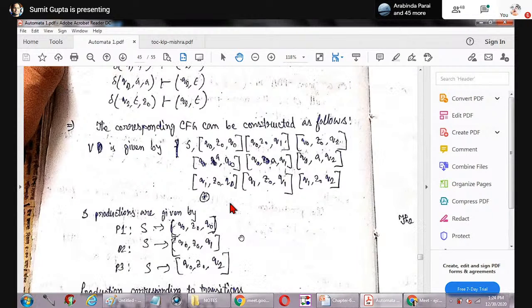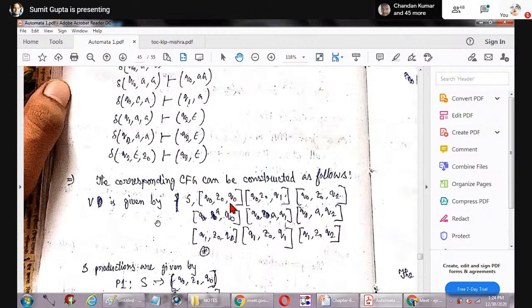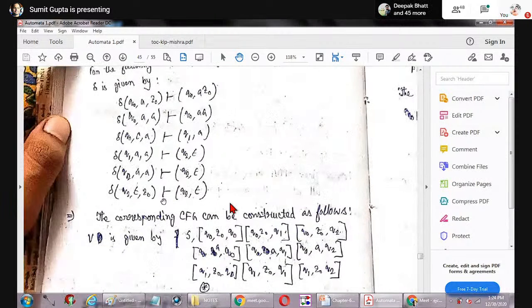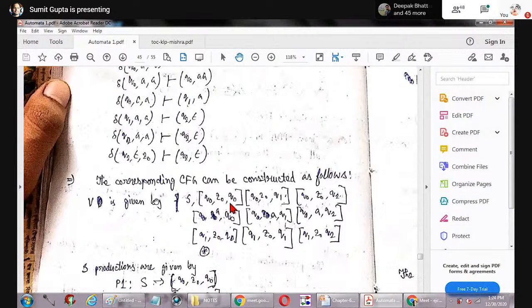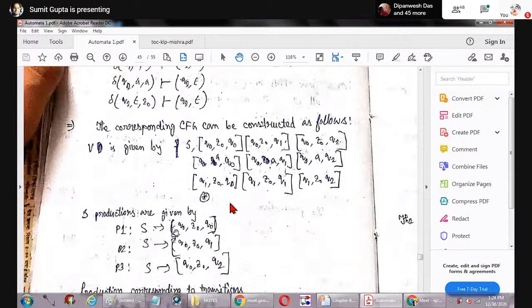Now, S productions are given by, so how many productions are dealing with S from here? As you can see, how many productions are there that deal with S? 3. S gives Q0 Z0 Q0, Q0 Z0 Q1. Because we know that rule 2 states the production for the starting symbol S is designed as follows.